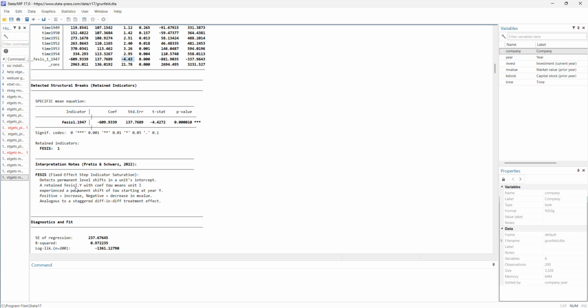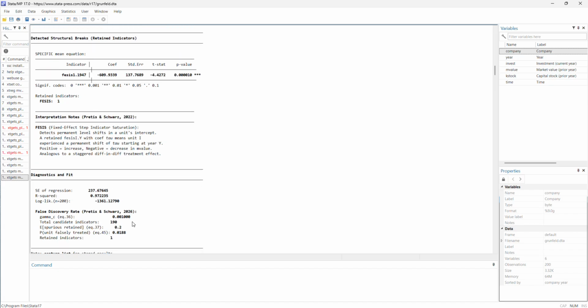A retained FESIS i.y with coefficient tau means unit i experienced a permanent shift of tau starting at year y. Positive means positive, negative means negative. So this is technically showing that there's a treatment effect, so a significant effect is there. You can also see some diagnostics that are detecting it.